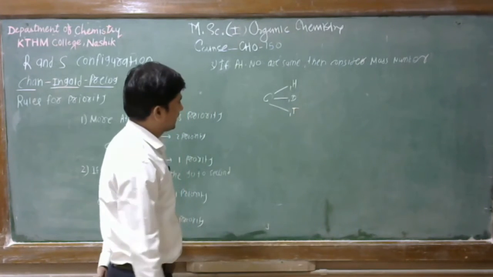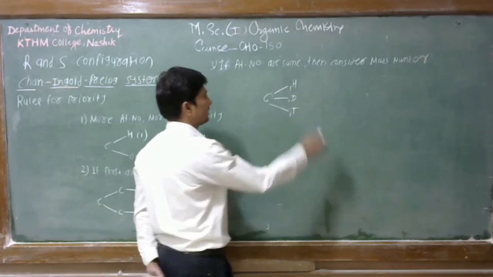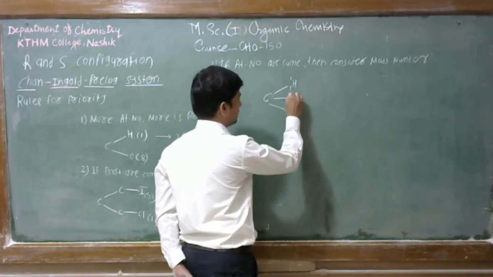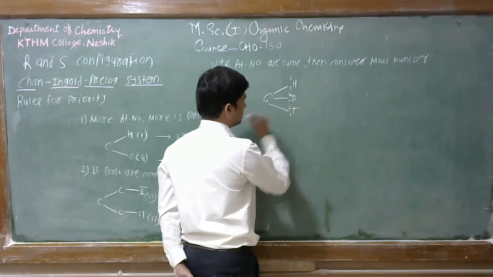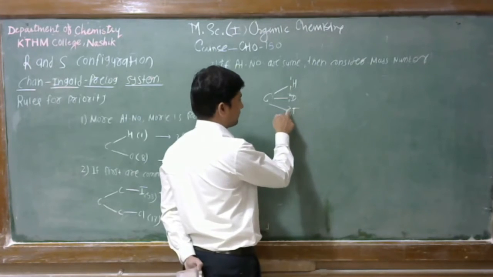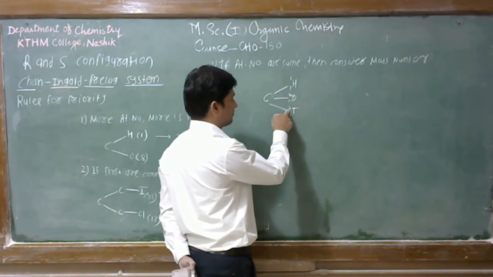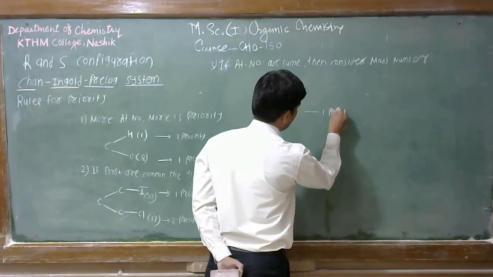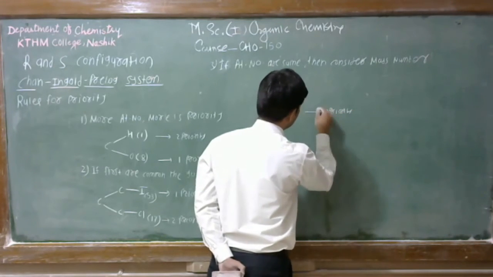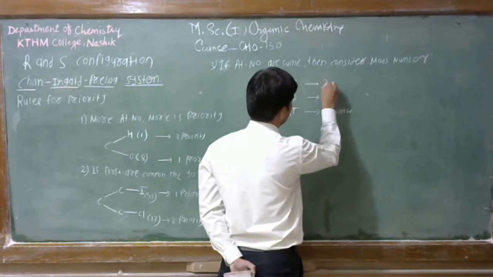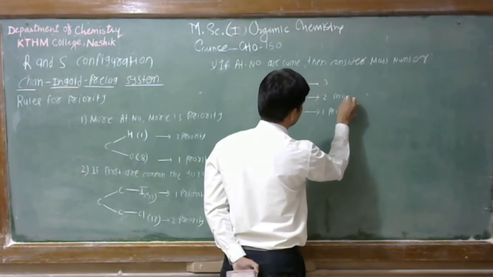All these three atoms have atomic number 1, so we have to consider the mass number. Hydrogen has mass number 1, deuterium 2 and tritium 3. Therefore, the element which has the higher mass number will have the first priority. So tritium has the first priority, deuterium the second and hydrogen the third priority.